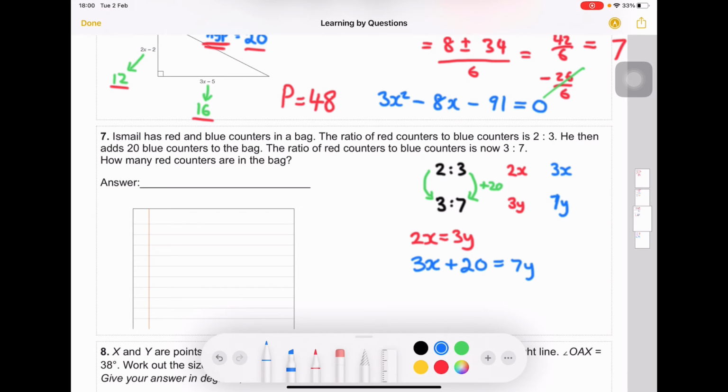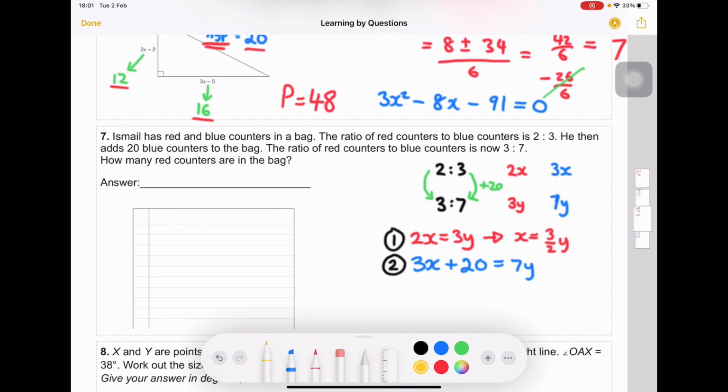So I want to work out the number of red counters in the bag. So I have 2 equations. Now I'm going to solve these equations. So let's say x equals... right.